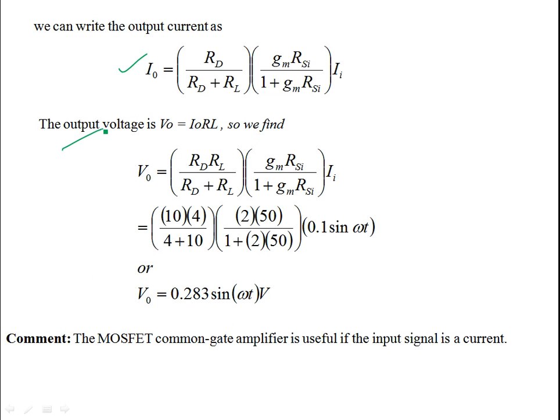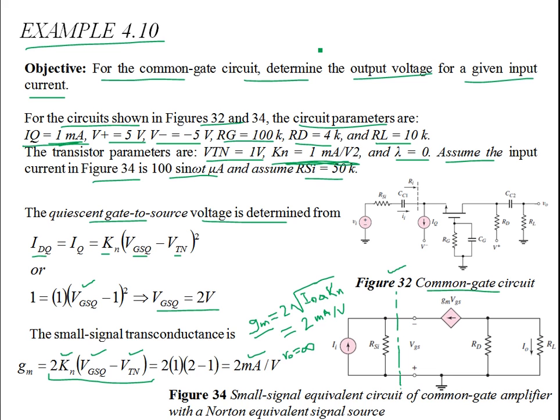Okay, let's use this because we have the values. Now we know what RD is and what RL is. So we know all these quantities. We know gm is 2 milliamps per volt. RSI is given in the question as 50K. So everything is known. All we need to do is plug in the values of RD, RL, RSI, and the transconductance gain gm.